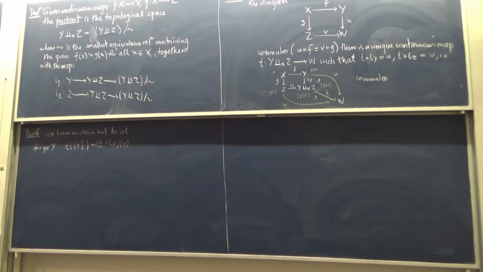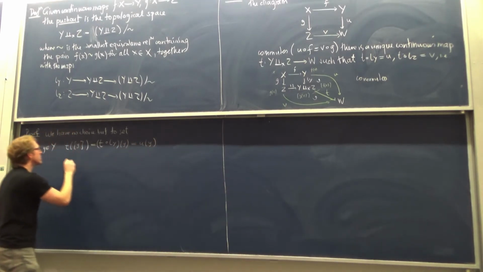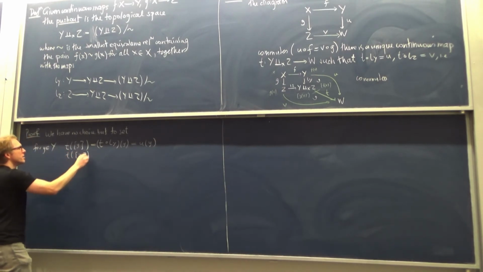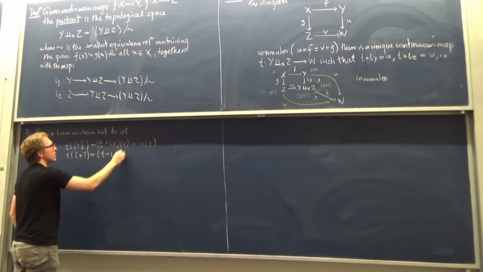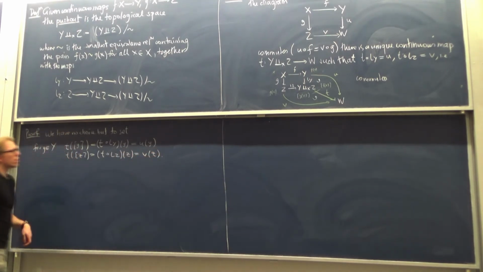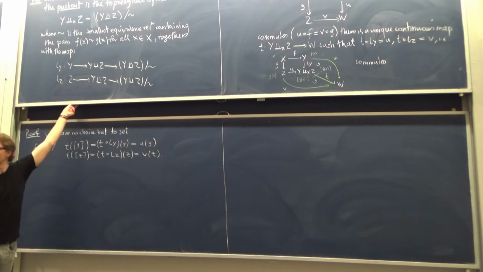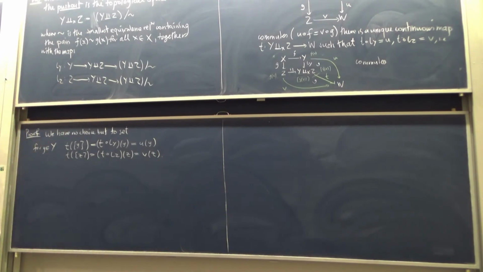So if my T were to satisfy the conditions, T of iota Y would have to be U, so I'd have to have that be U of y. And similarly, I'd need this to be V of z. Okay, so I had no choice about how to define T. That's the uniqueness part. But we need to check that it's continuous, and well-defined.